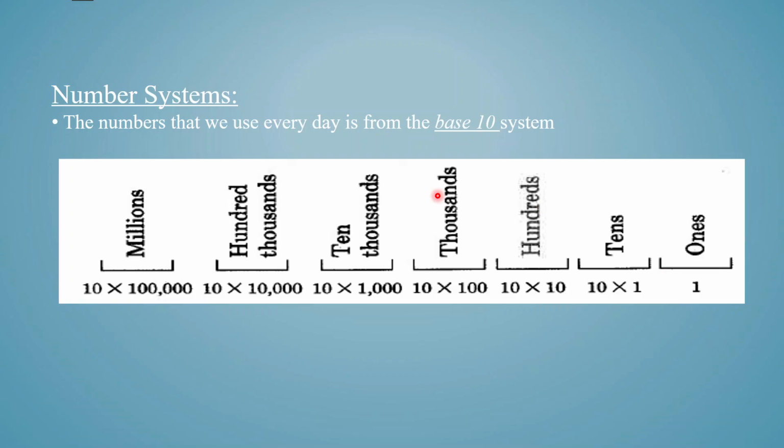If we look at this, it's broken down into the different columns. If you think about a number, you have the ones column, the tens column, hundreds, thousands, 10,000s, 100,000s, millions, and so on.